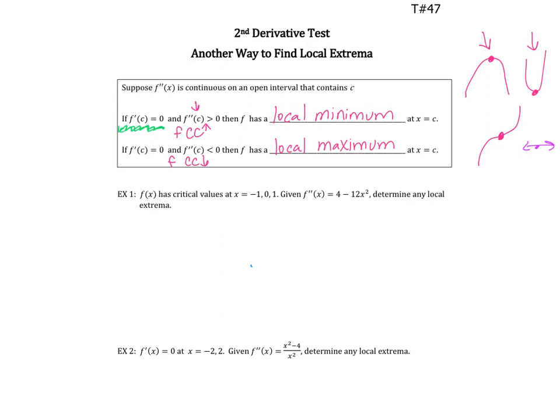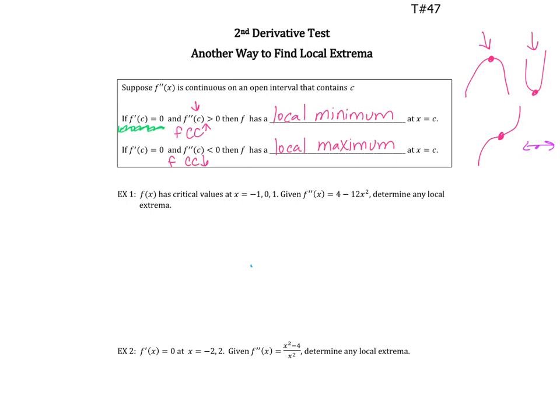Let's look at example 1. It says f has critical values at those 3 x values. Given the second derivative is 4 minus 12x squared, determine any local extrema. Well, I can't use the first derivative to tell where it's changing from positive to negative or negative to positive, because I don't have the first derivative.